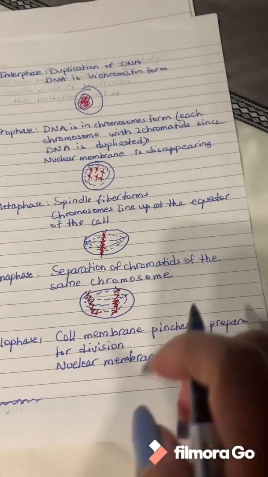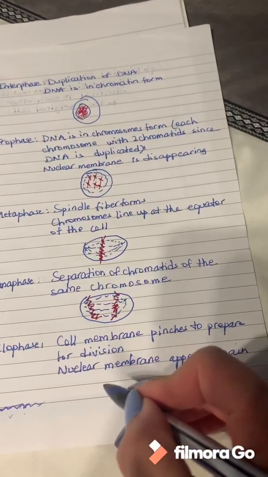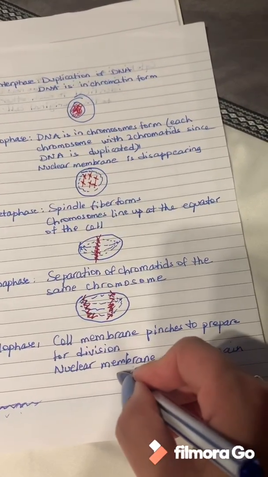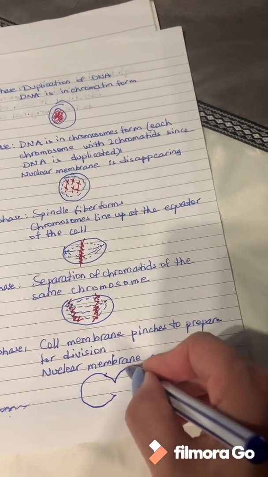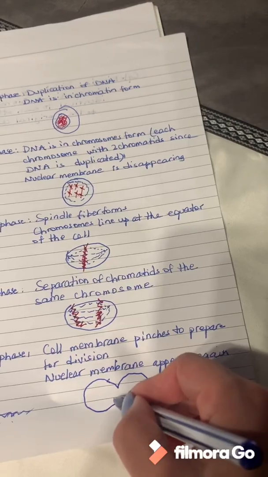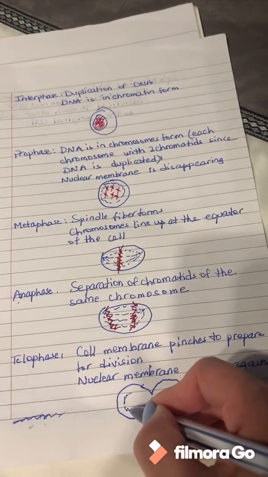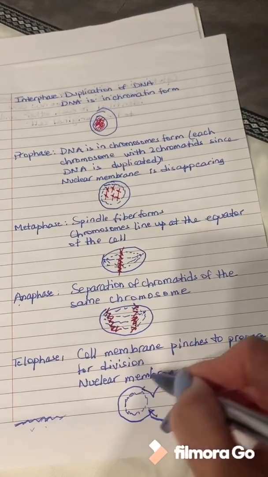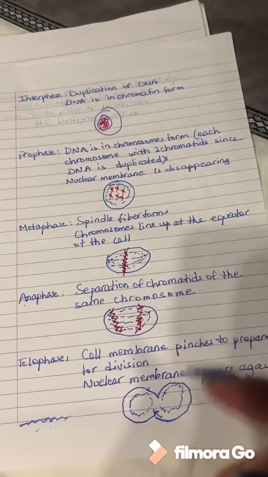In telophase, I said the cell membrane pinches to prepare for division. The nuclear membrane is going to appear again. So you're going to have the look of a peanut because the cell membrane is going to pinch in the middle, okay? And now it's going to look like you're having 2 nuclei, which means 2 nucleus. The cell membrane is reappearing, okay?